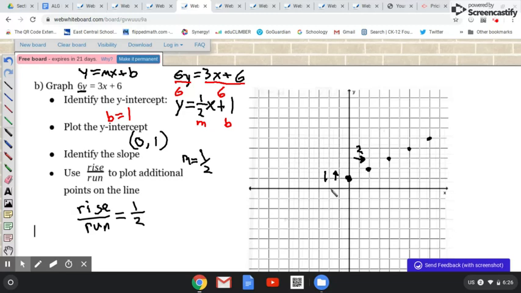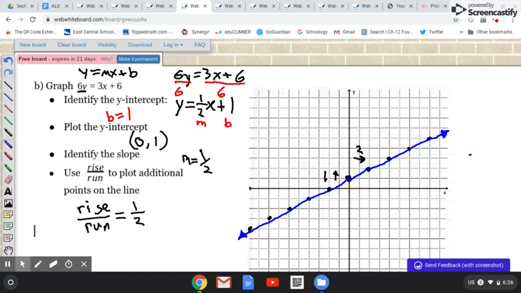I can go down 1 and to the left 2, down 1 and to the left 2, and continue the pattern that way. Last thing we need to do is connect all our points with a line. Put an arrowhead on each end. And there is our line.